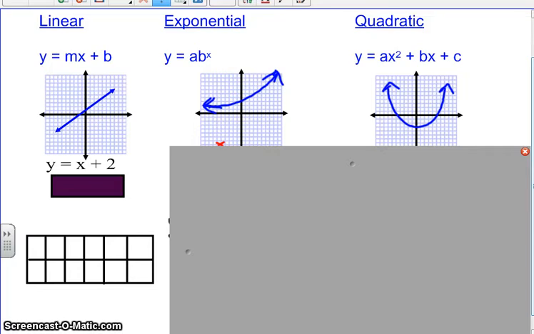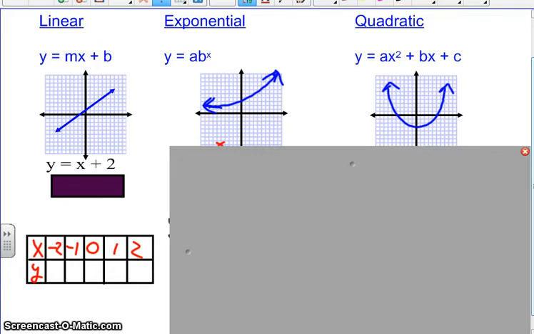So we're going to use this equation, y equals x plus 2, to identify what is happening with all linear equations. Okay? So let's make a little table. What values would be good to place in the table? -2, -1, 0, 1, 2. Good. Okay, so when we plug in, let's start in the middle.